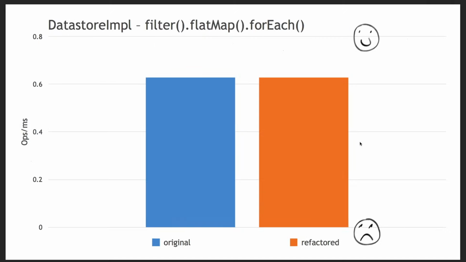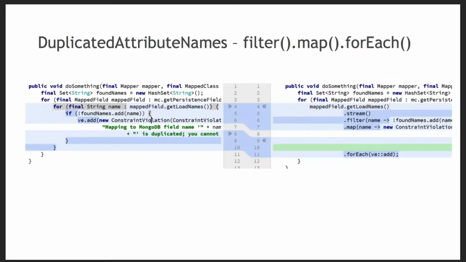However, if you look at the performance of these, this one, for example, we're getting 0.6 operations per millisecond, which is not very many operations. So it could be that the thing that's happening inside the loop is quite expensive, and the cost of iterating over the loop is not the most expensive thing in this code. Therefore, whether you use a for loop or a forEach doesn't really impact the overall performance.